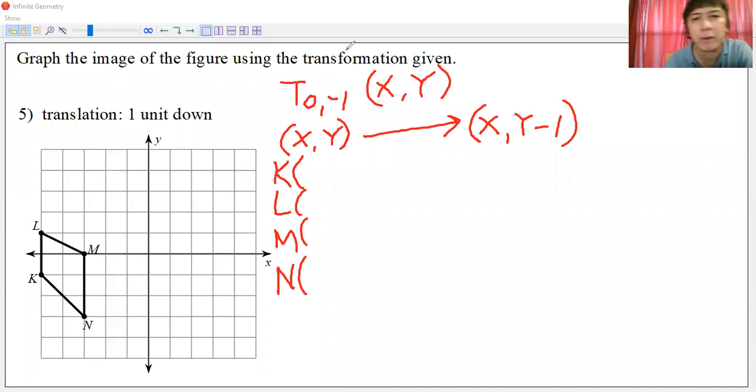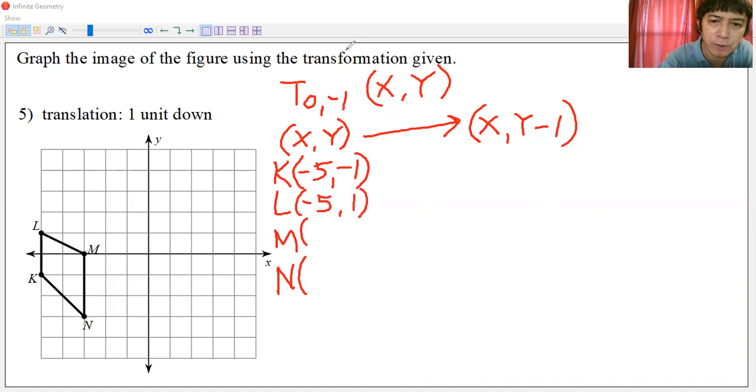Okay, these are the open parentheses. We'll just get the coordinates, then compute, and then draw. All right. Our K is at -5, -1. Okay, our point L is in the second quadrant, -5, +1.